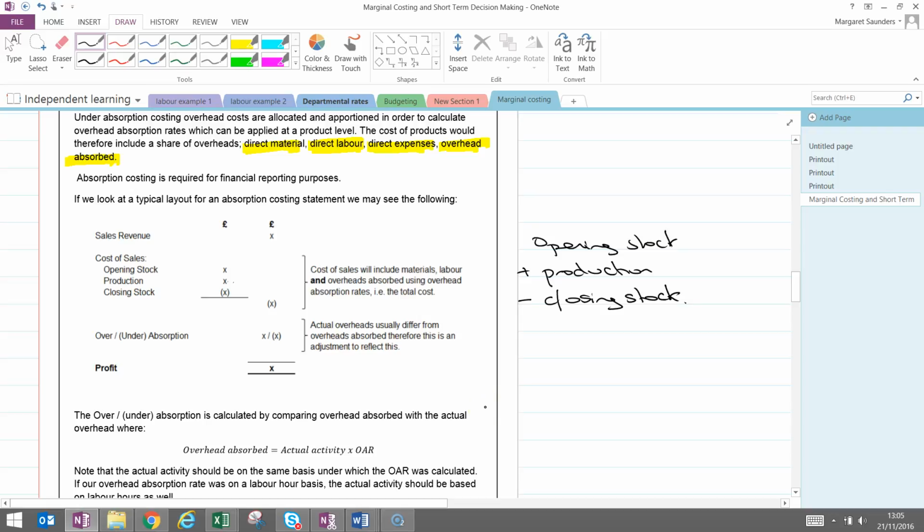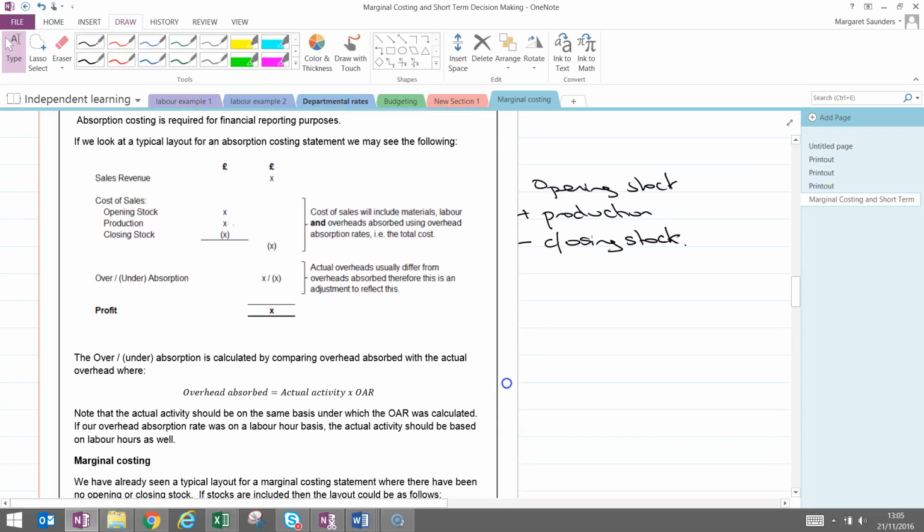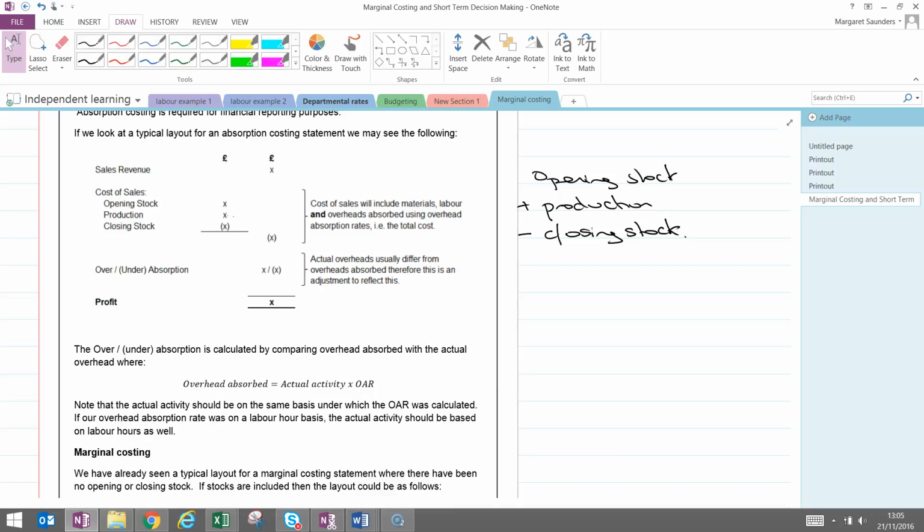And you will have arrived at that by using your overhead absorption rate and multiplying it by the actual activity, whether that be labour hours, machine hours or units. That overhead absorbed is compared to the actual overheads, and the difference being either an over or under absorption has to be included in this statement in order to show the actual profit figure made.